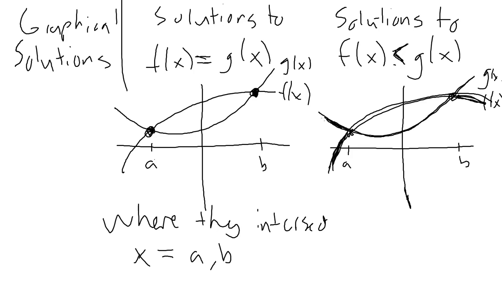So f of x is less than g of x when x is less than a, because when it equals a, they equal each other. So we want it when it's strictly less than.